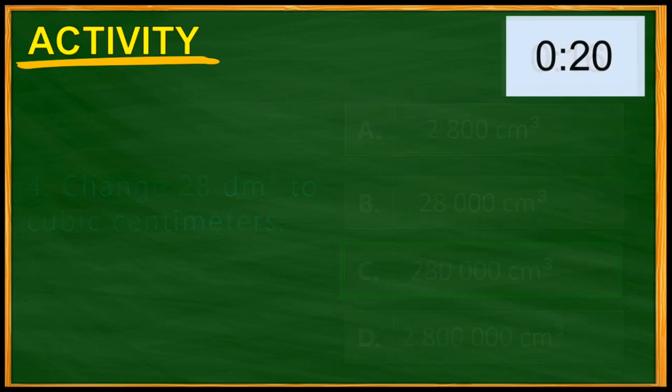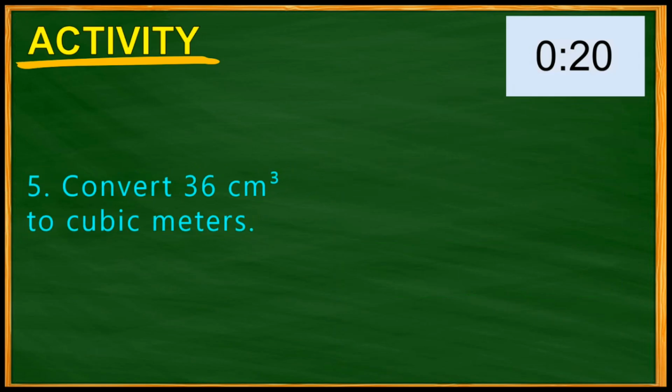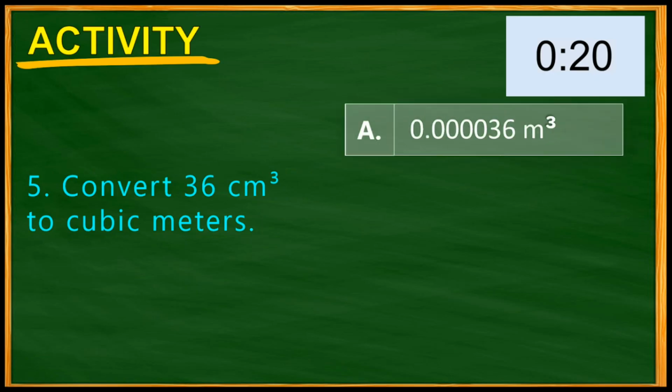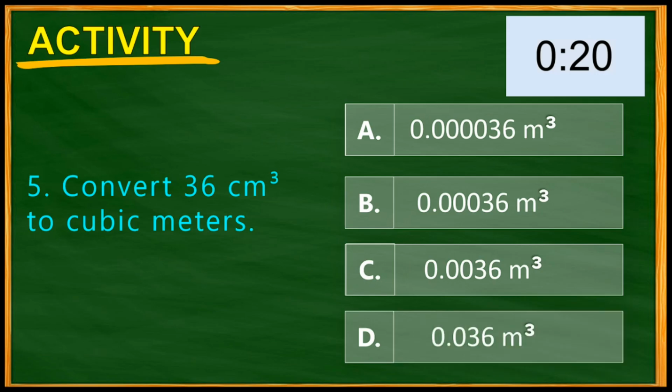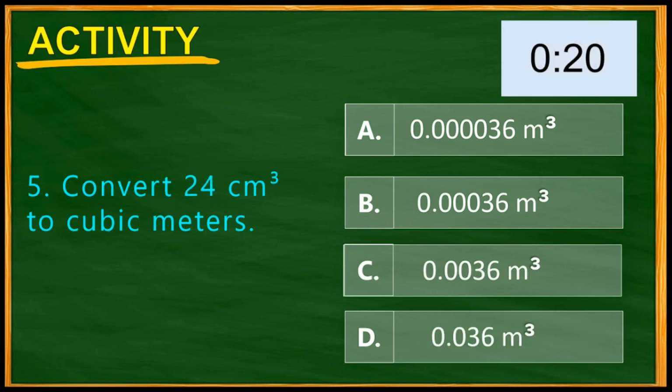And for number 5, convert 36 cubic centimeter to cubic meter. It's letter A, B, C, D. Our timer starts now. How many movements? If I'm going to convert cubic centimeter to cubic meter, we have 2 multiplied by 3.